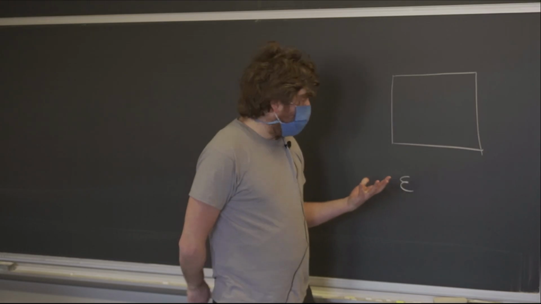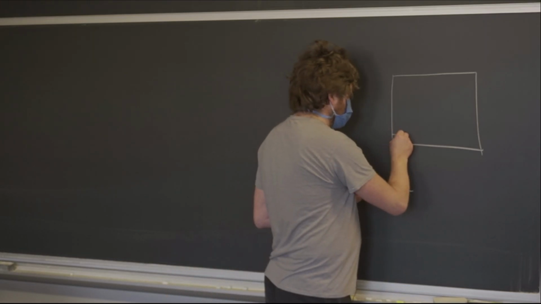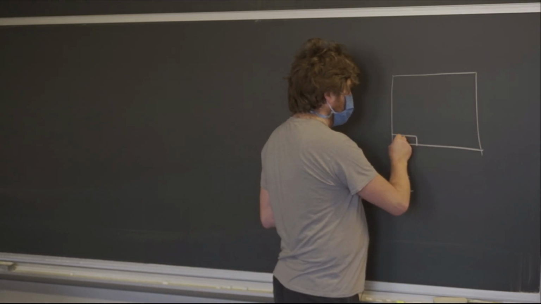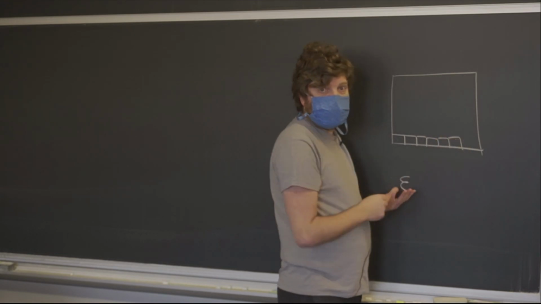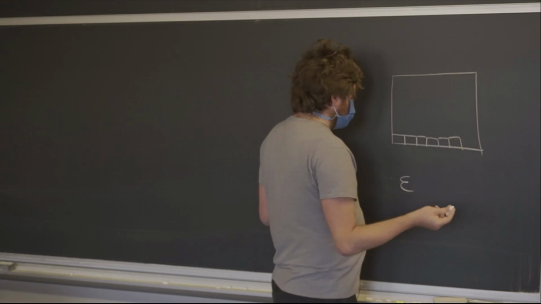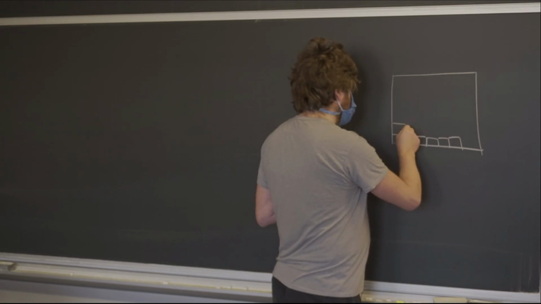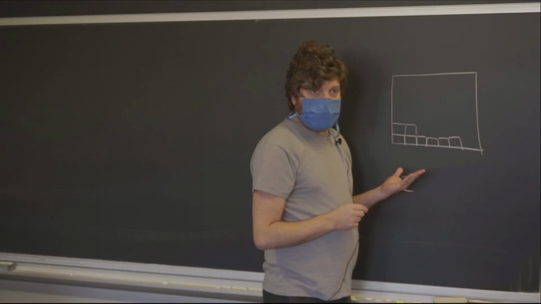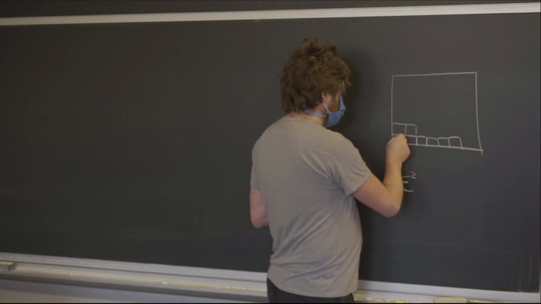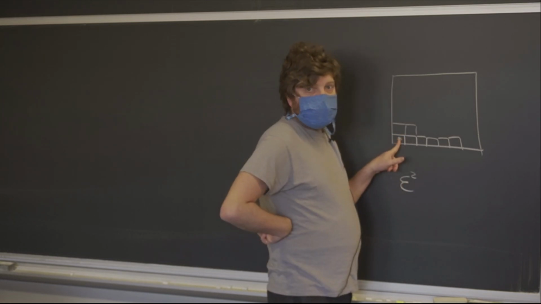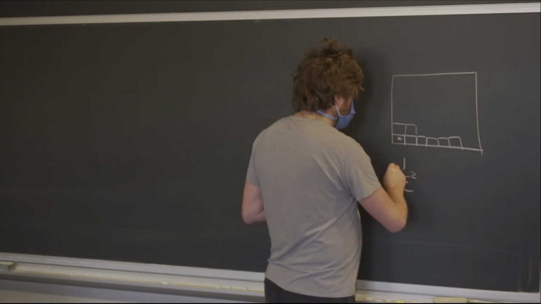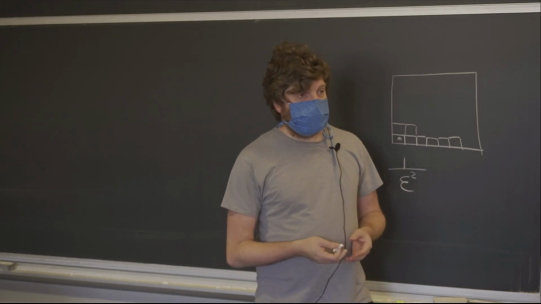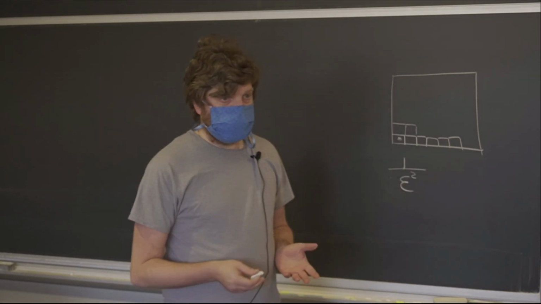One way is I cover and I count how many, here and there and so on. The other is the measure of this guy is epsilon squared, the measure of the total is 1, so the number is 1 divided by epsilon squared. Okay?